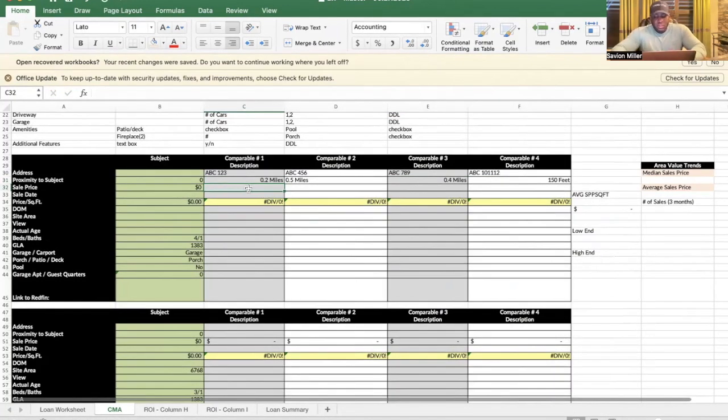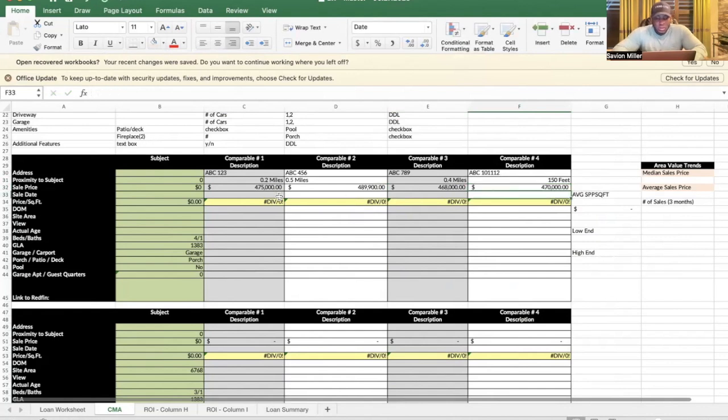So sales price, this sold for 475,000. This one sold for 489,900. This one sold for 468. And then this one sold for 470.